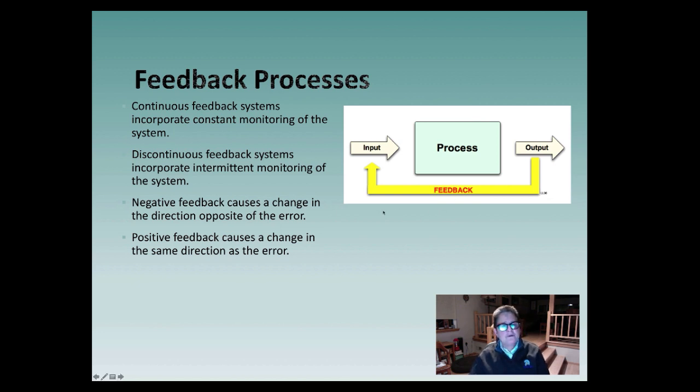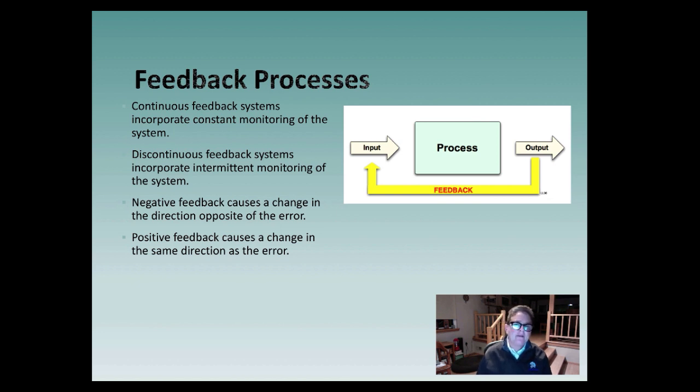I also could have something called a negative feedback response versus a positive feedback response. And here I'm not talking about negative feedback meaning you did poorly or I don't like you, but rather negative feedback means that when you have a perturbation or something that comes in the way of your movement, it changes your movement.